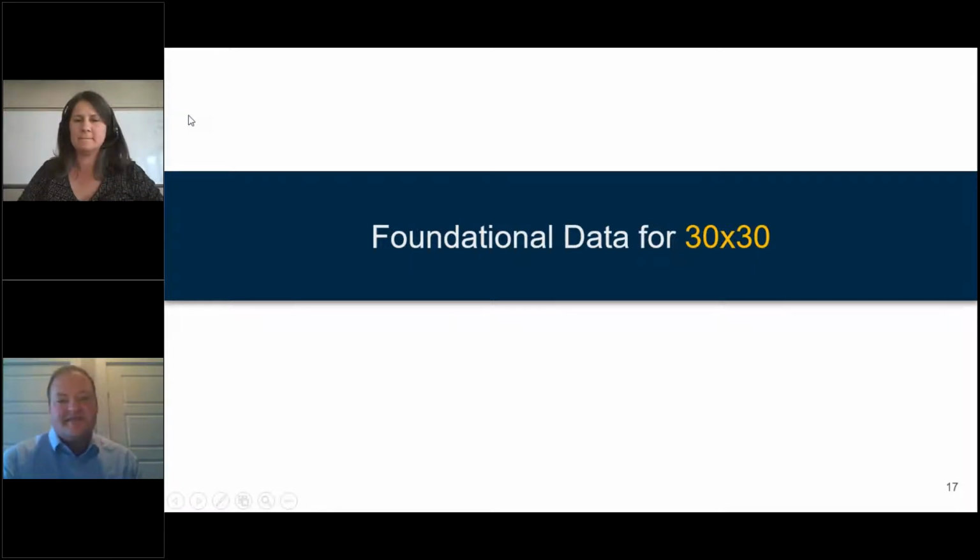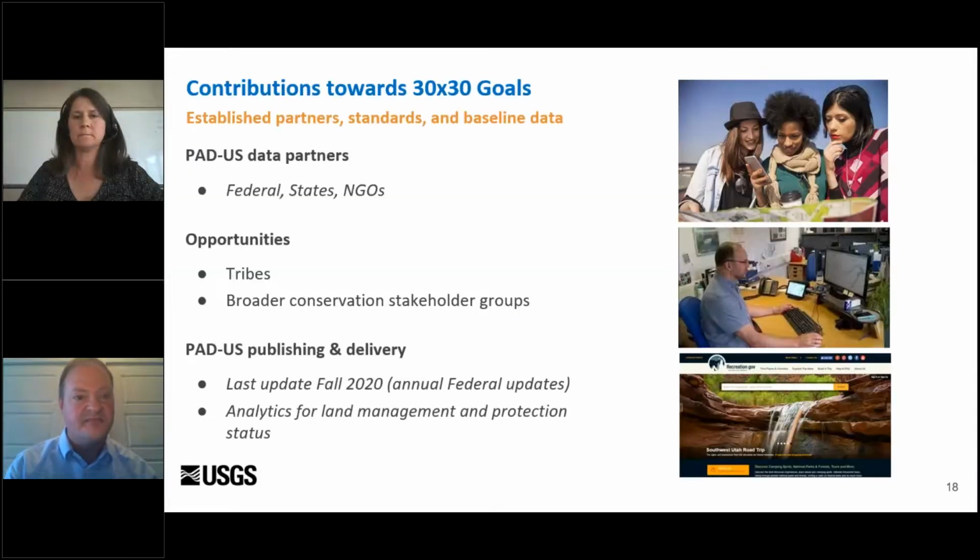So PADGE-US is what we like to refer to as foundational data because it really is one of the building blocks of the data that we have within USGS that facilitates our research on biodiversity and on other priorities, such as climate, park access related to the recent administration's priorities.